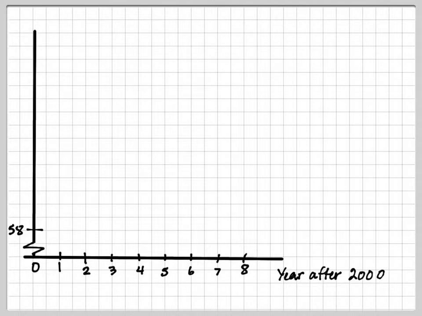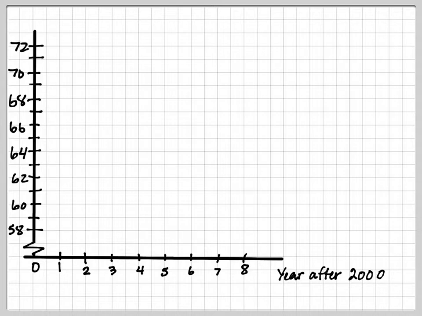So 58, I think I'm going to do just one mark for each one of them, and I'll label every other one just like I have before. So this is 60, 62, and I might find that I have too many and I have to change what I'm doing. 64, 66, 68, 70, 72.